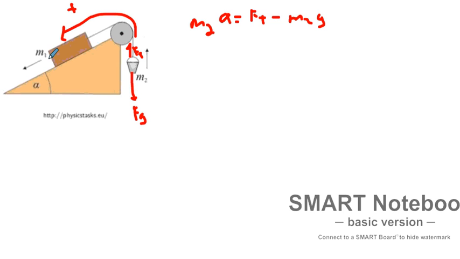Now this box here, we're going to have force gravity X pulling downwards. And of course we'll have force tension, and another vector going this way of force friction.